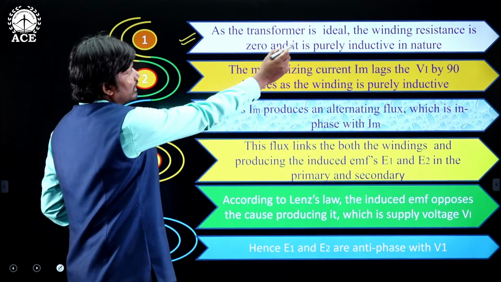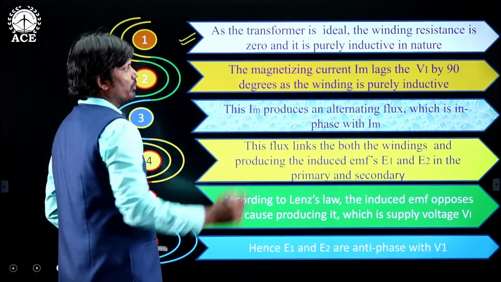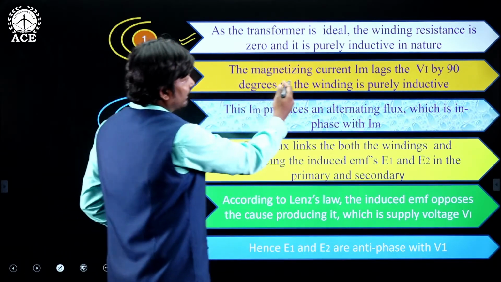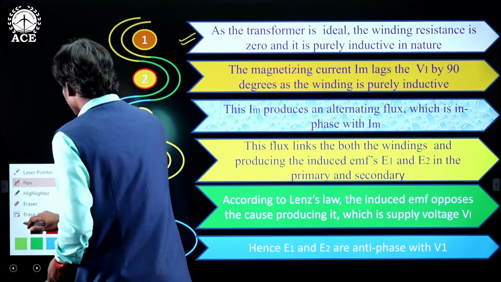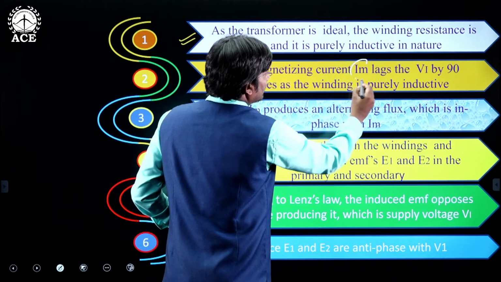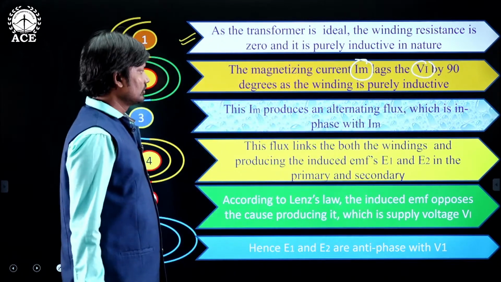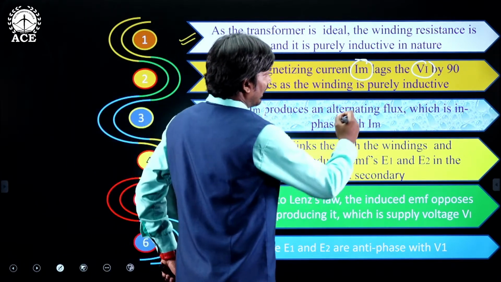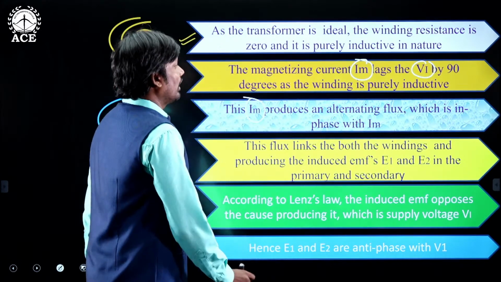So as the transformer is ideal, its winding resistance is 0 and it is purely inductive in nature. So when it is inductive in nature, the magnetizing current Im lags V1 by 90 degrees. And second, this Im is in phase with the alternating flux.